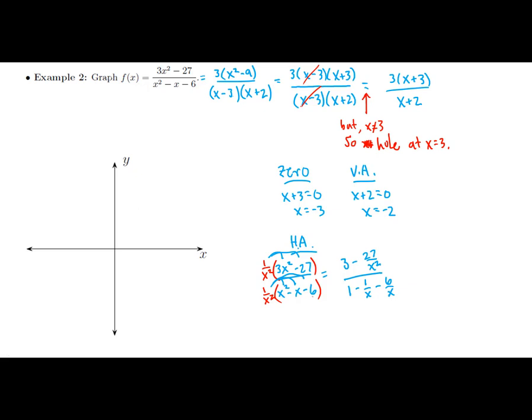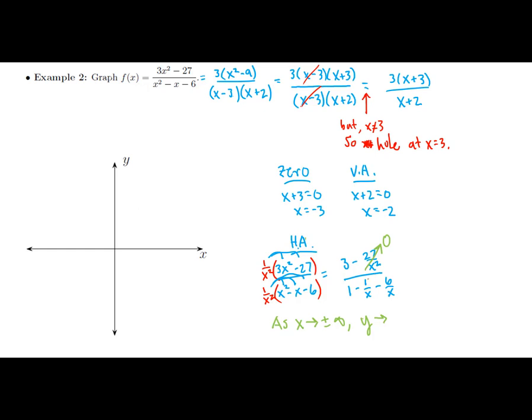Now the key here is, what happens if we let x get really big or really small? So down here I'll say, as x goes to plus or minus infinity, what is y going to? Well, this term goes to 0, because you're taking 27 divided by a giant number.